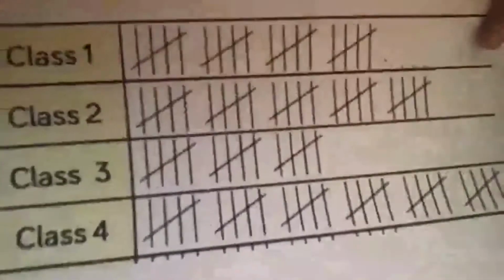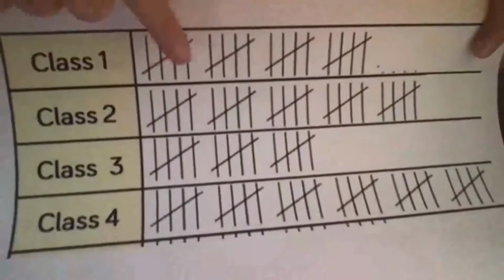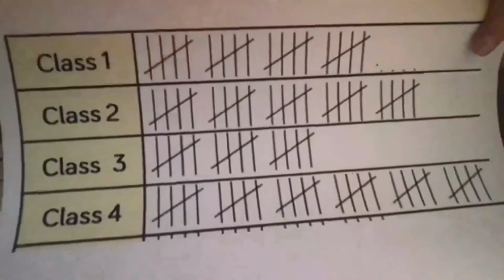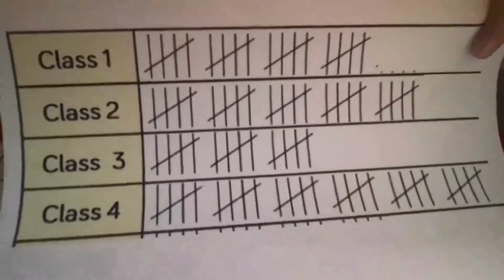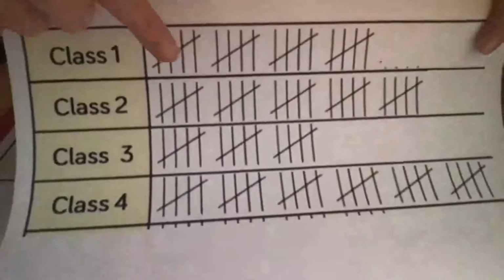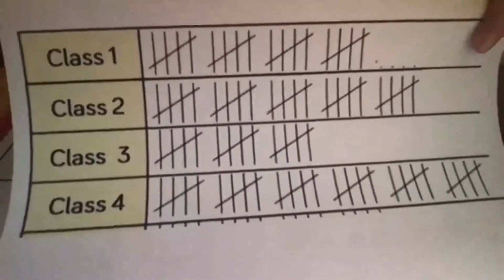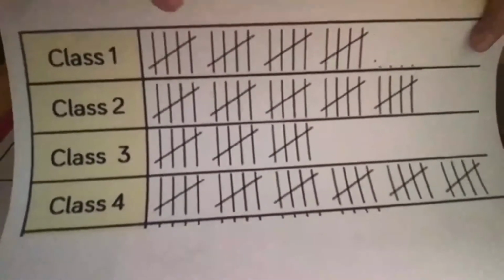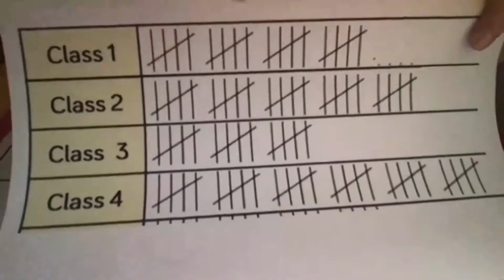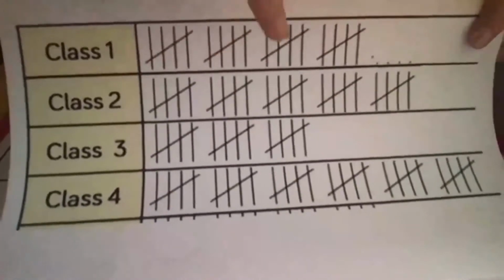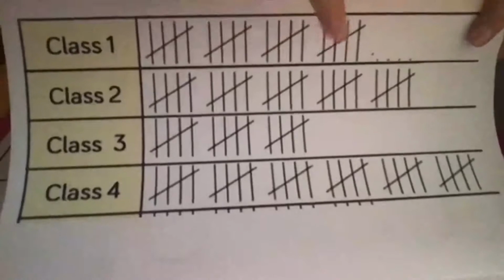So let's have a look how many books class 1 read. Well, we know that when there's a diagonal line through the last 4 tally marks, that represents 5 items. So let's count up in fives to work out how many books class 1 read. So 5, 10, 15, 20.